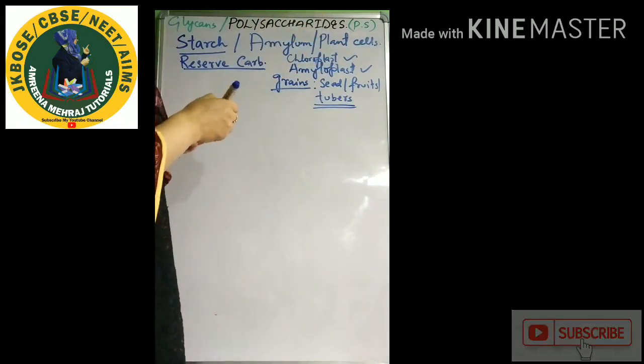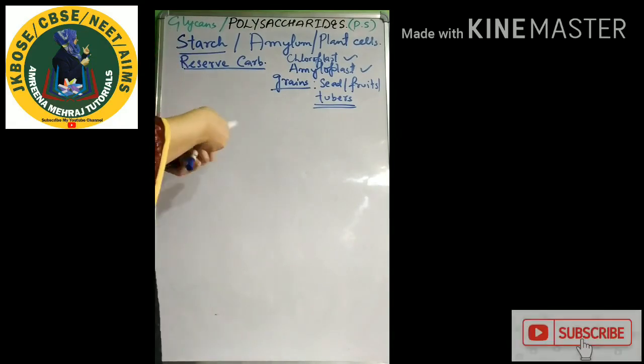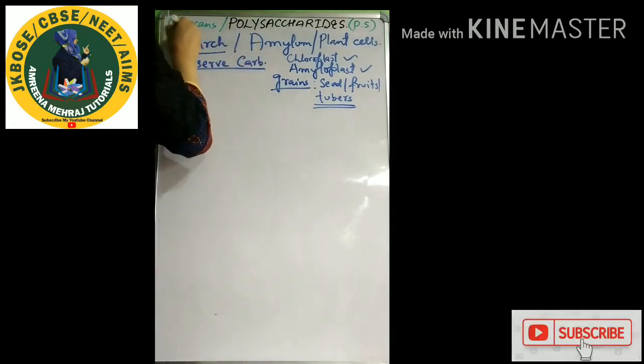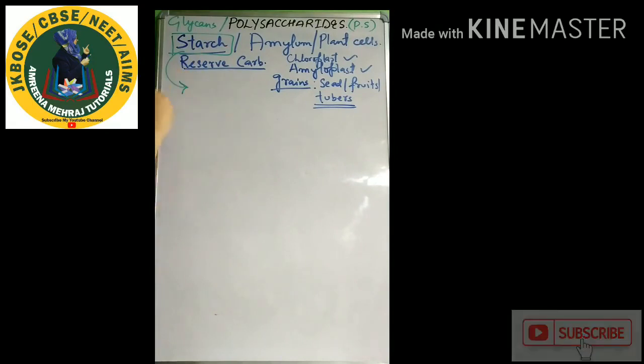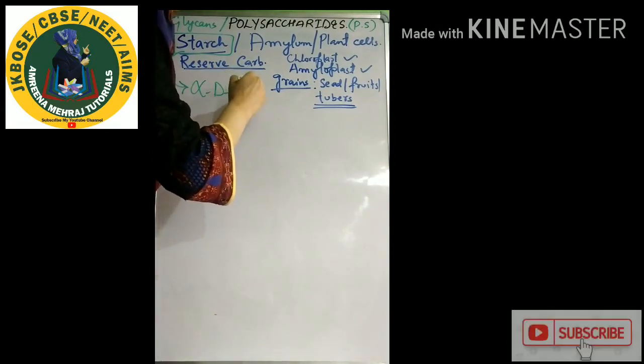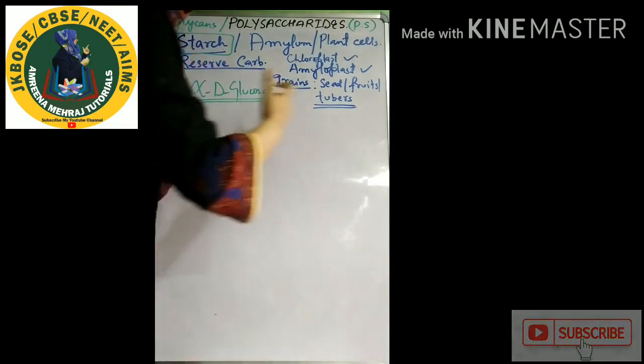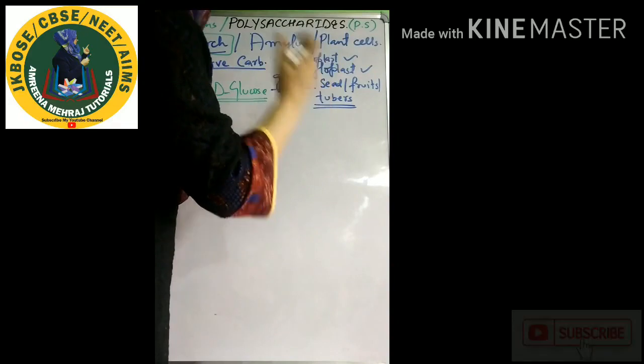Now, trying to understand more about starch, what is it made up of, my dear students? What is the composition of starch? It's made up of alpha D glucose monomers. So, what is starch? It's a polymer of alpha D glucose.